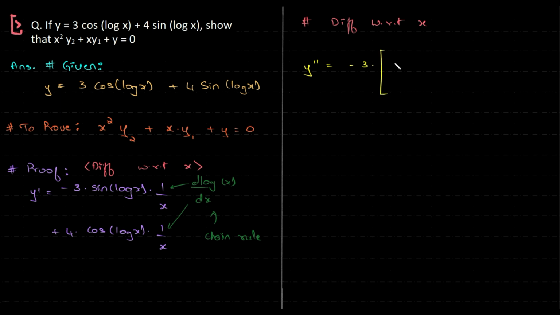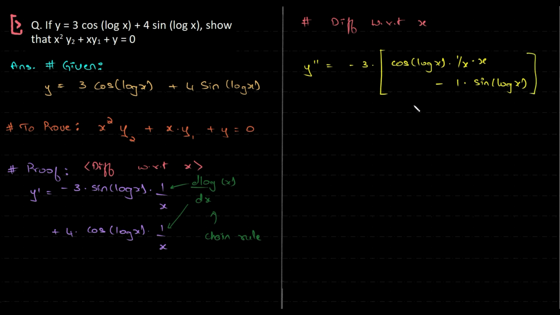So derivative of the first term, so cos log x into 1 by x into x. That's your first term derivative, that is u prime into v. Then we have minus v prime, that is 1 into u.